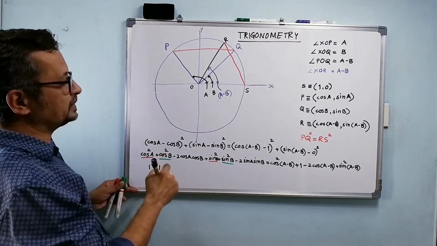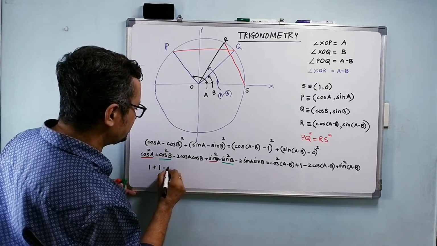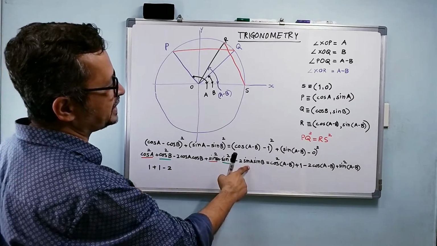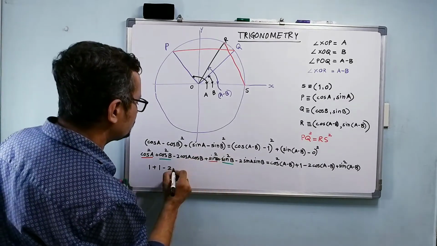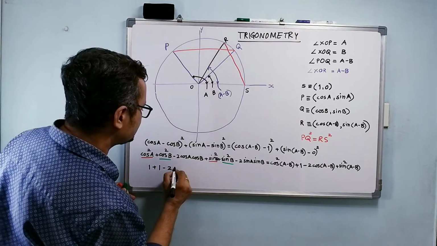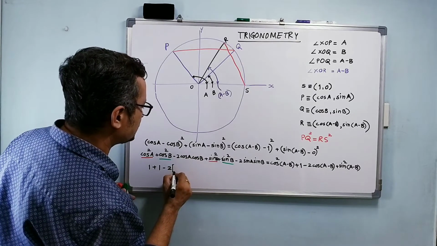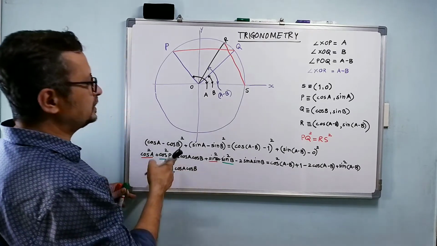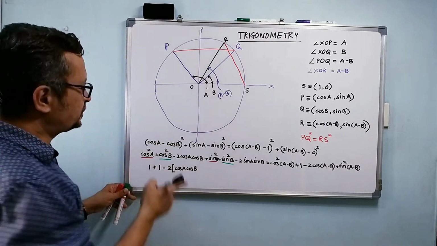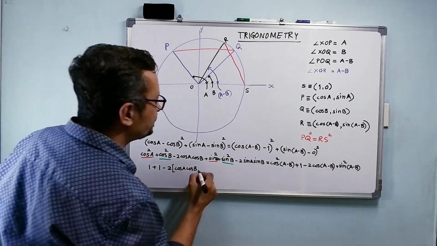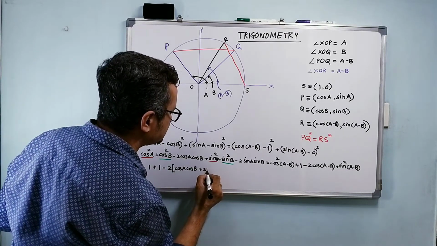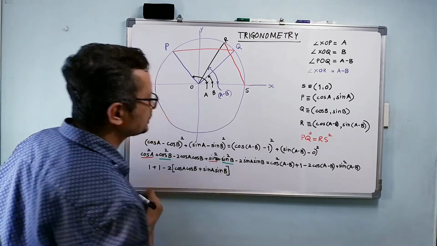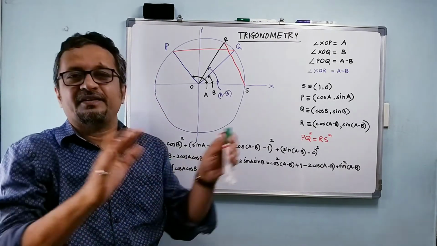So it is 1 plus 1 minus 2 cos A cos B minus 2 sin A sin B, correct? So I am going to take minus 2 common, so it is going to be cos A cos B plus sin A sin B, correct? So that is my left hand side.